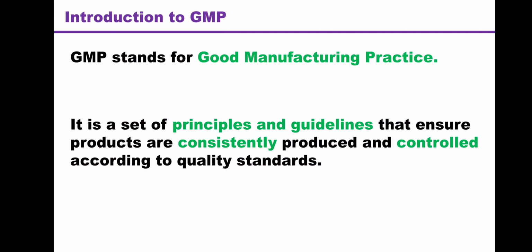Even a small error in production can have serious consequences. GMP is enforced worldwide by many regulatory agencies, like WHO and many others. So when we follow GMP, we are not just meeting regulations, we are safeguarding patients' health.